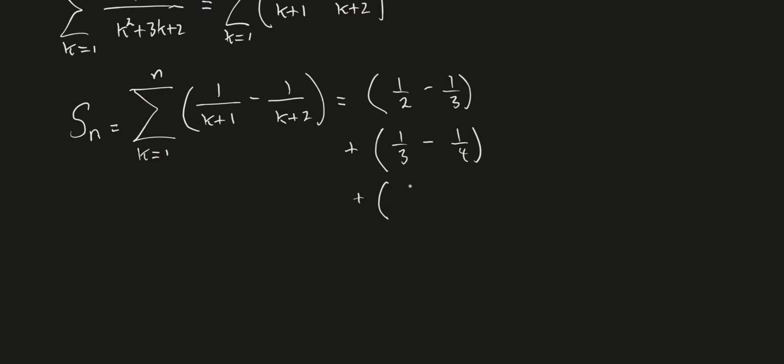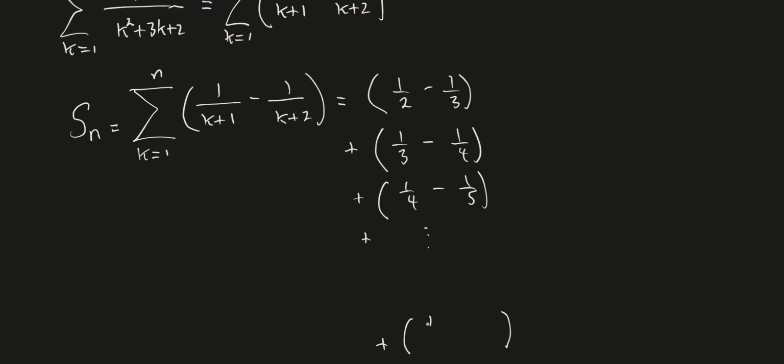When k is equal to 3, we'll have 1/4 minus 1/5. Then let's do our dot, dot, dot. And if you want, it sometimes helps to start with the very last term and then work backwards, just to make sure that we have the right pattern here.